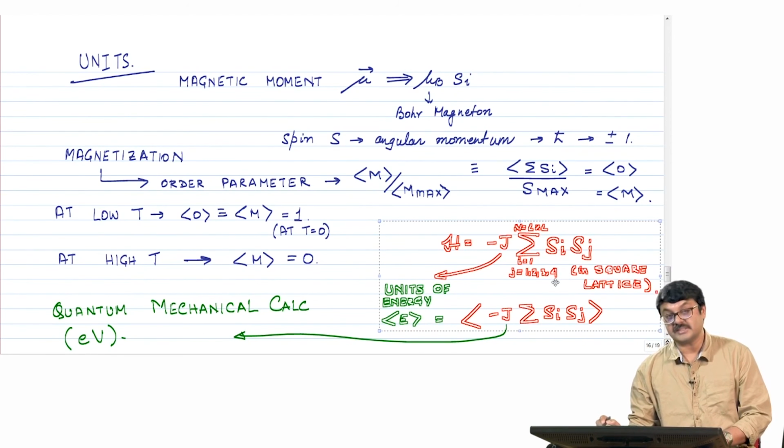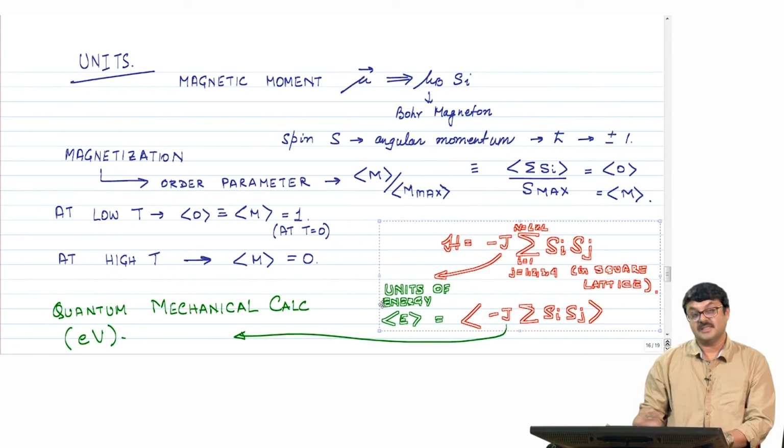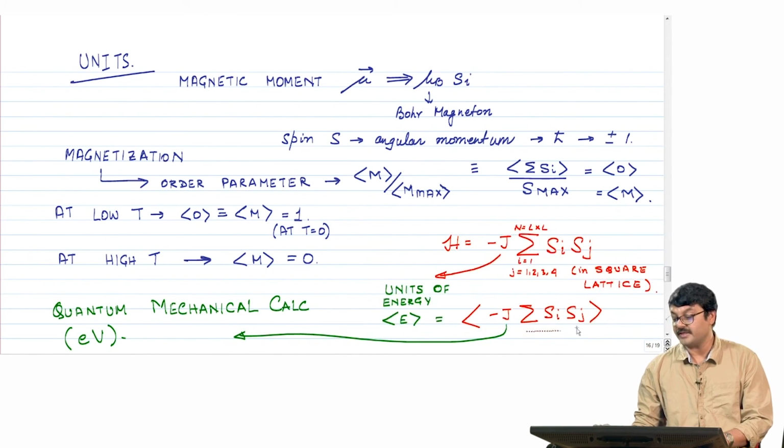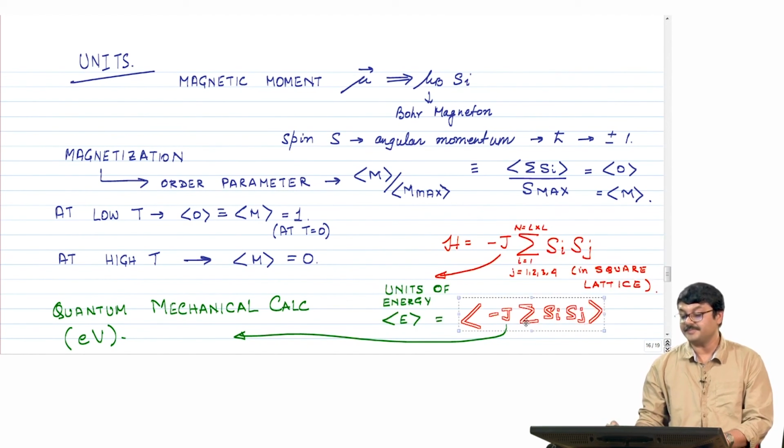And we also need to discuss what is going to be the units of energy, and what is energy. Essentially energy is the average value of this quantity in the center.